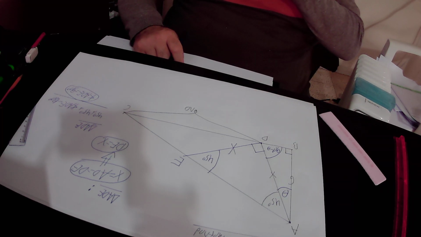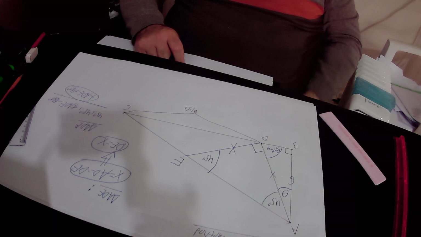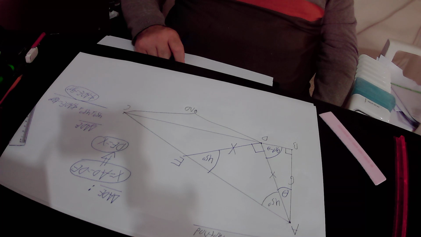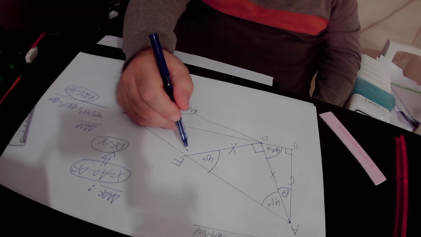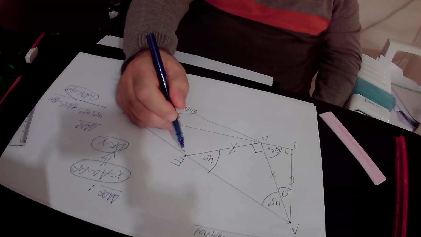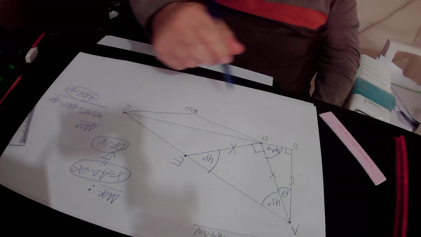Okay, and here we will draw from point E a perpendicular on BC.